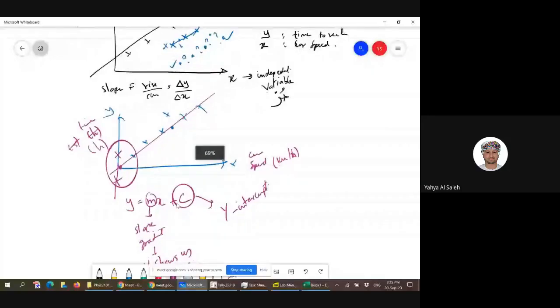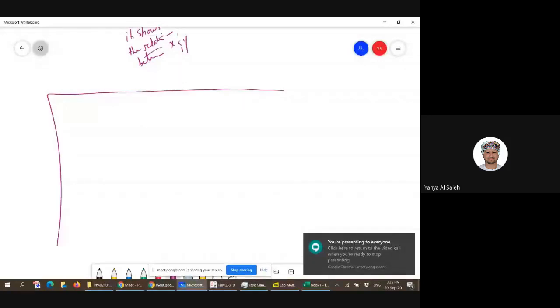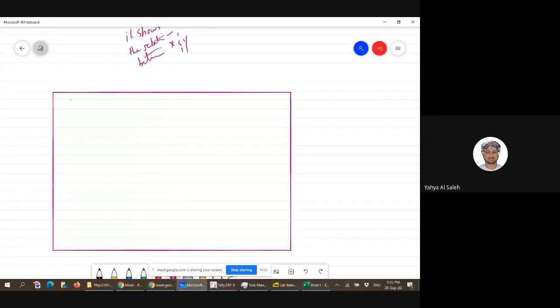So the rule is, if this is my page, my graph should take pretty much the entirety of the page as much as possible. Okay, X, Y, title.